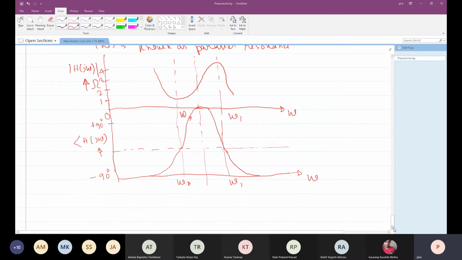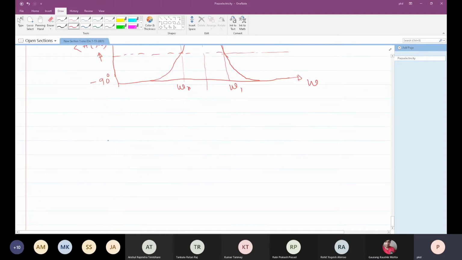Now this resonator circuit can be used in an amplifier, where it is used for a crystal oscillator.